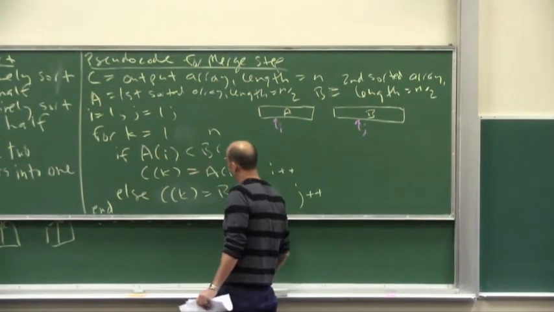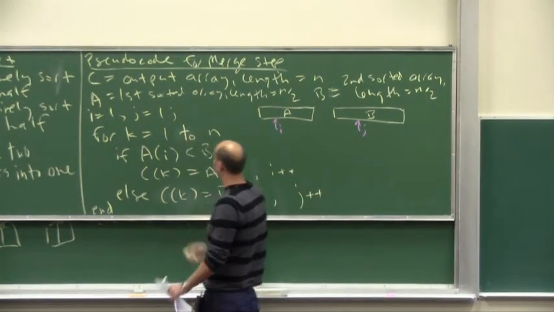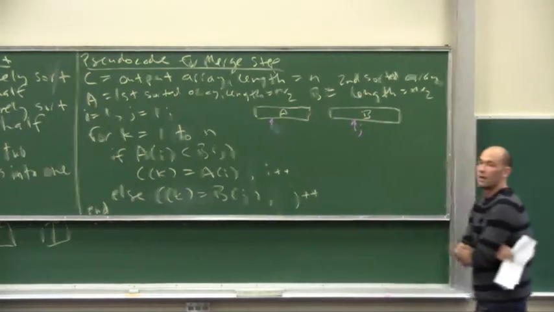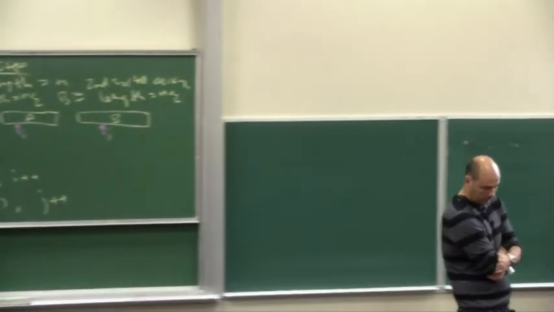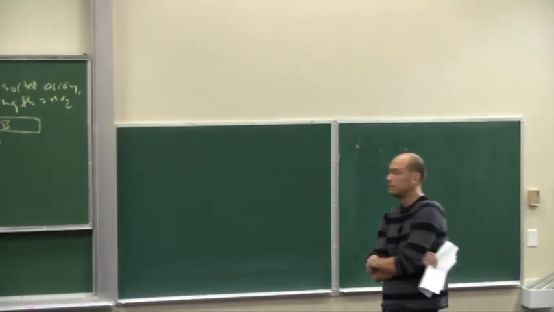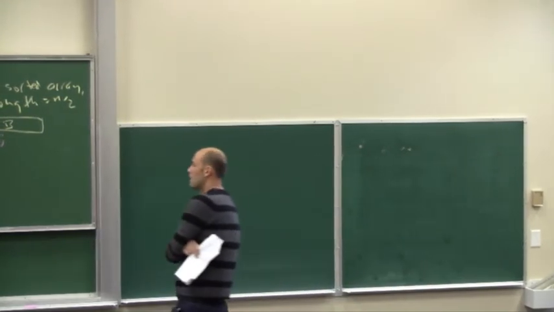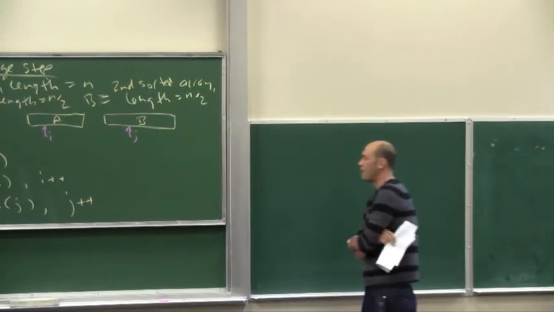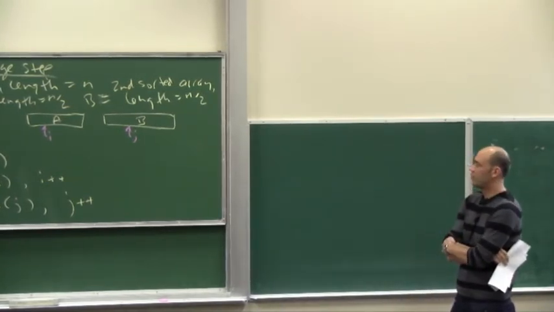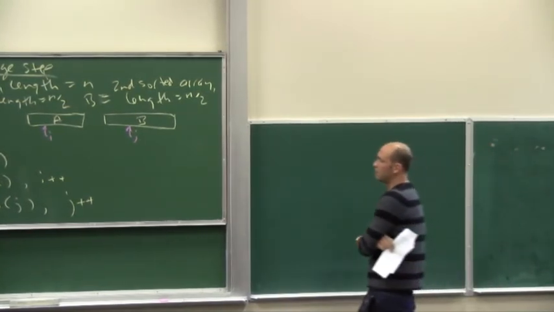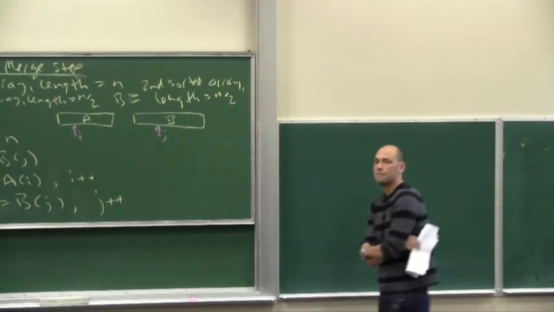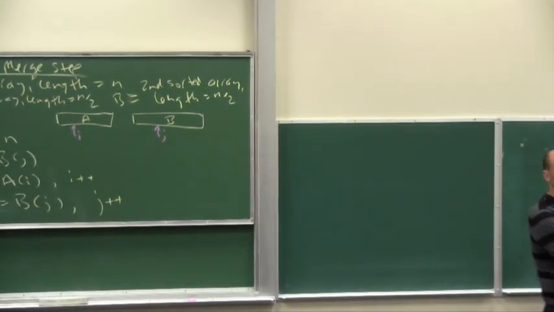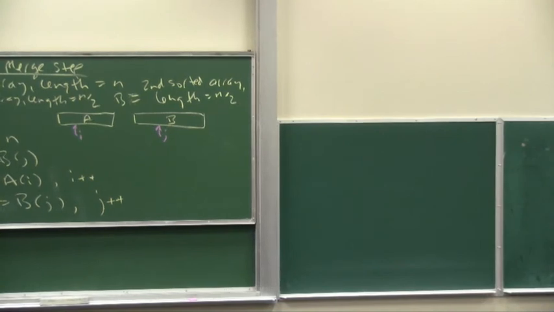Sorry, yeah. Other questions? Is there a way to do this without having a separate array? Yes, there are in-place algorithms. Merge sort is not the choice for that, but we will talk about an in-place sorting algorithm in about 3 weeks. Other questions about what's on the board? Okay.